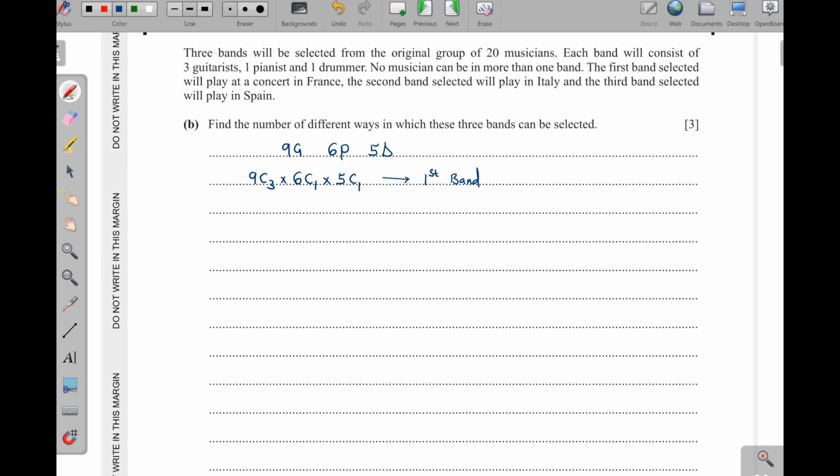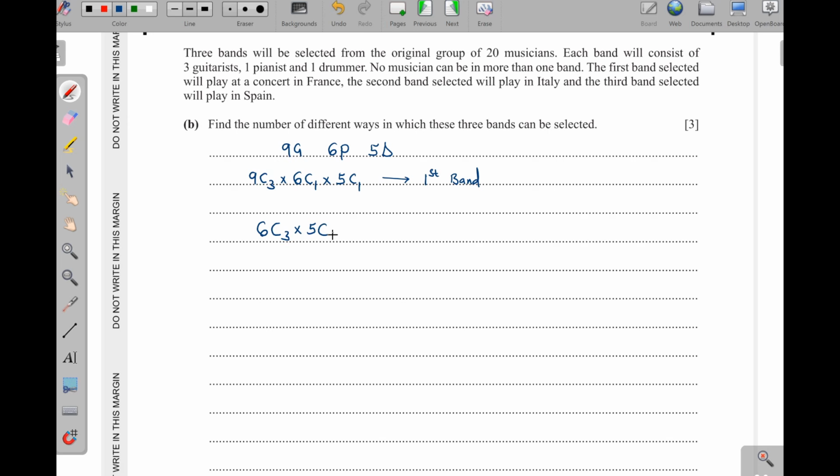Now, next, since we have gotten 3 from here, we are remaining with how many? 6 guitarists. Now, 6 guitarists combination, we need 3. Then here we took out 1, so they are remaining 5.